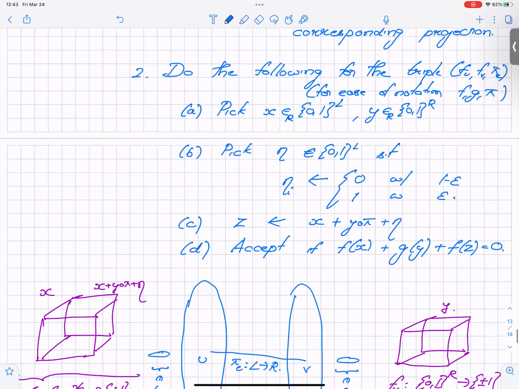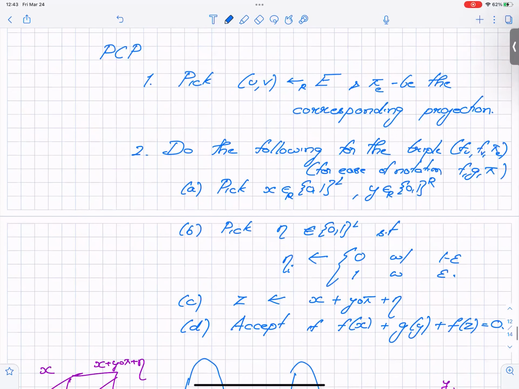Completeness should be sort of easy. That is, if the label cover had an instance which was perfectly satisfiable, then I claim if you did honest to God long code encodings and ran this PCP, it will accept with probability 1 minus epsilon.